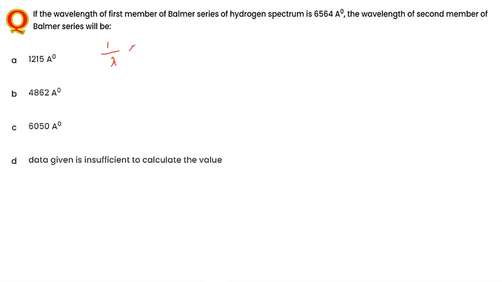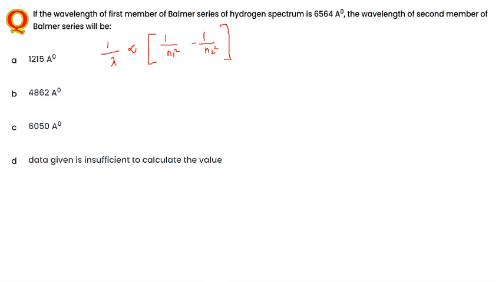From this, it is mainly proportional to the number of the series here: 1 divided by n1 square minus 1 divided by n2 square. From this, lambda is proportional to this.